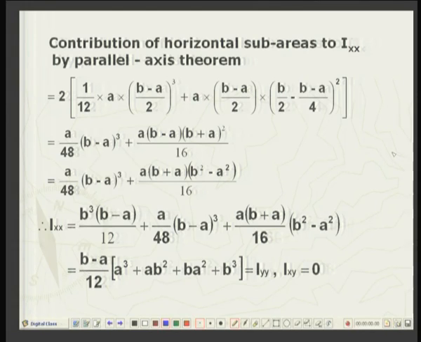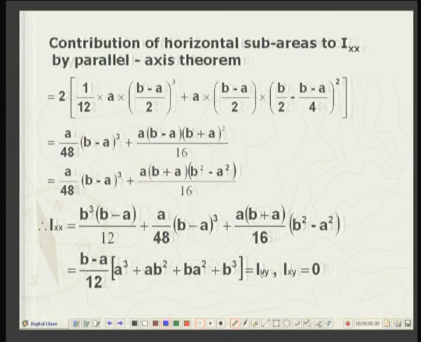The rest is some simplification of these terms, and when you do this, you will get a by 48 into b minus a cubed plus a into b square minus a square by 16. So, this is the contribution of the horizontal sub area of the rectangle, and in the previous slide we have seen the contribution of the vertical sub area. You add up the two and you will get this as my final answer.